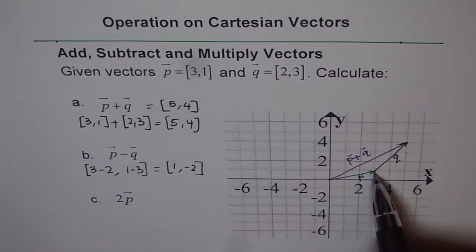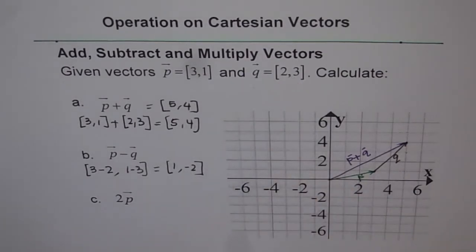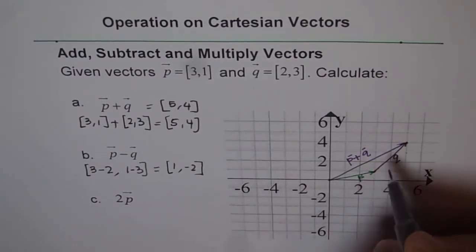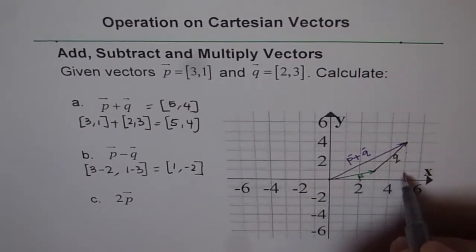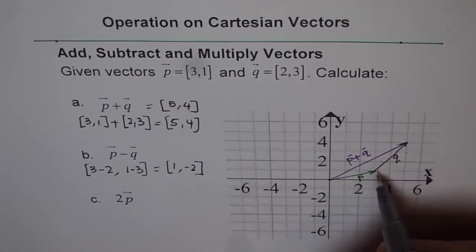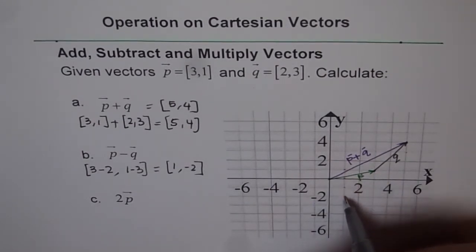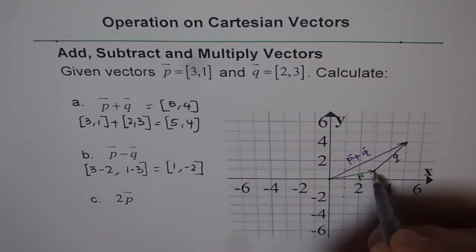So from here, what is minus q? q is (2, 3), and minus q is going in the opposite direction, right? So instead of going 2 to the right, we go 2 left, and instead of 3 up, we go 3 down. So 1, 2 left and 1, 2, 3 down. So we reach this position.